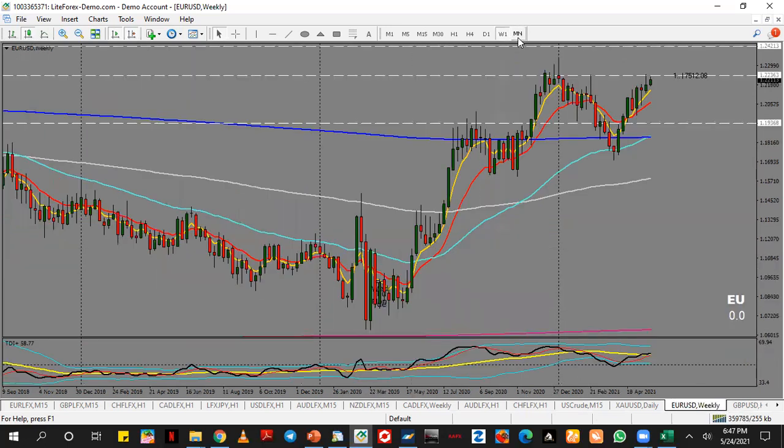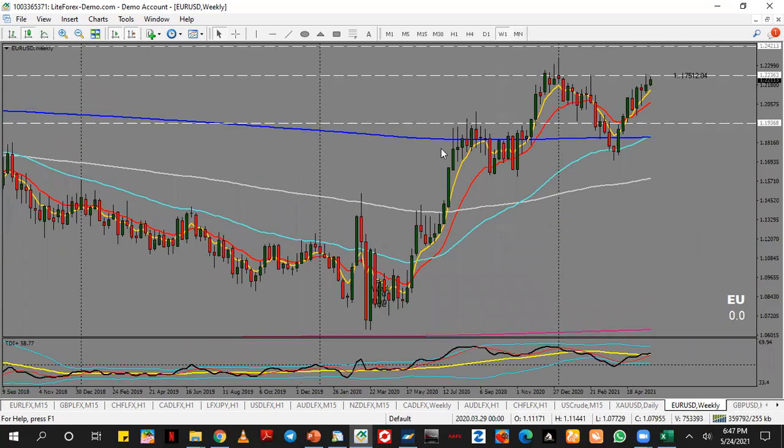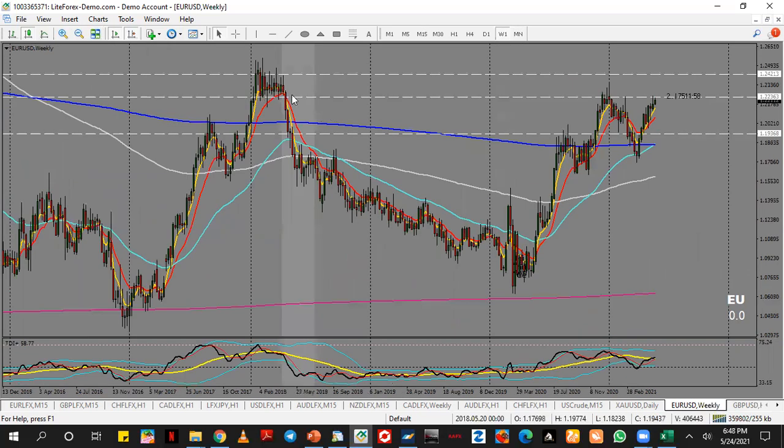Then I go to the weekly now. On the weekly time frame, at this price level, we had an order block. We had the last green candle before reversal, and price bounced around this order block. We had a bearish market structure, but then it came around the blueberry and formed a reversal there.